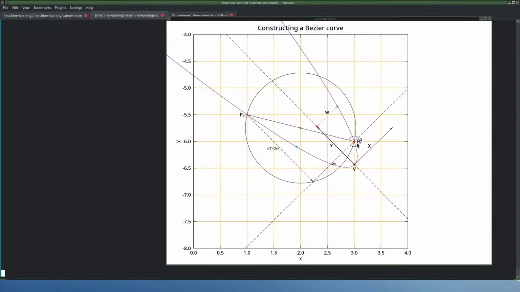That's positive. V is positive, but this is 1 minus 2V. Okay, wait, it's less than 2, so less than 1. Less than a half. Sorry, it's larger than a half because it's closer to P1. But if the vertex is in P1, then the V is 1.